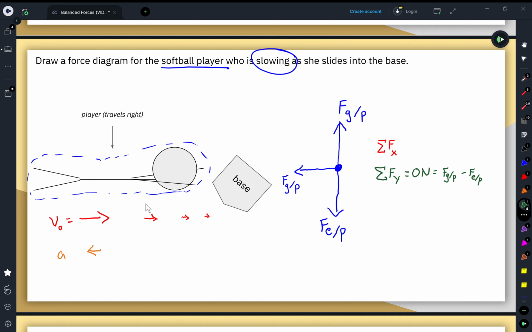And then for the sum of the force in the horizontal direction, it is not going to be equal to 0 newtons because there's some acceleration to the left. And we can end up calculating what that non-zero value is going to be based on those forces along our horizontal plane. In that case, it's going to be the force of the ground acting on the player.